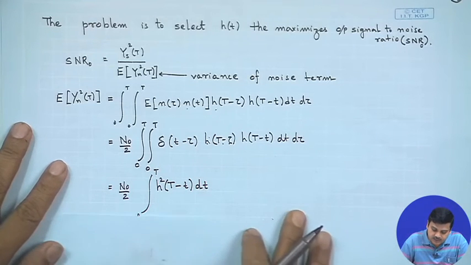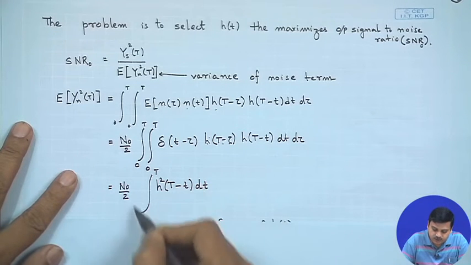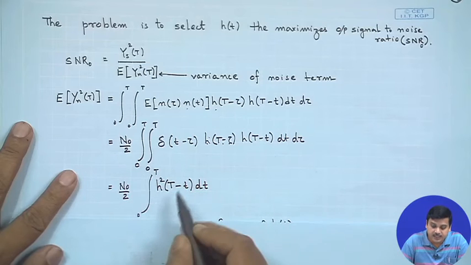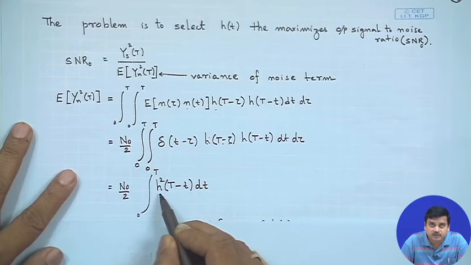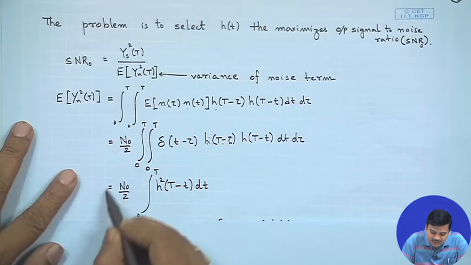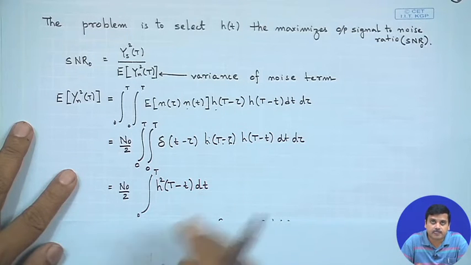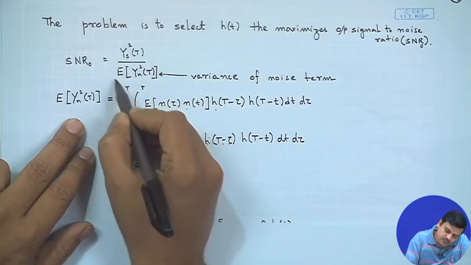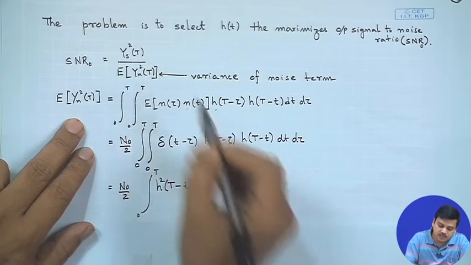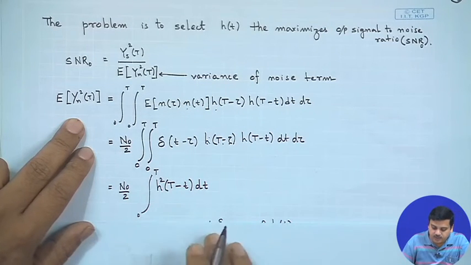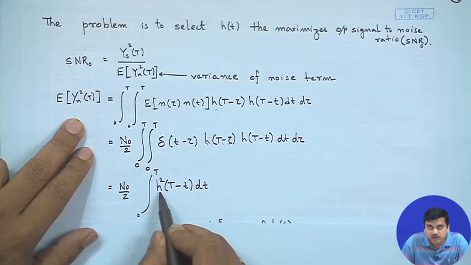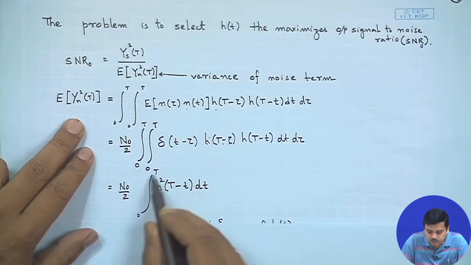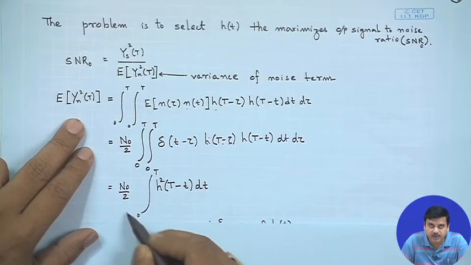This portion within the integral is the energy of the filter impulse response scaled by a certain factor. So, what we see is that the denominator term is the energy term which does not depend upon the structure of h, but on the total energy contained by h.